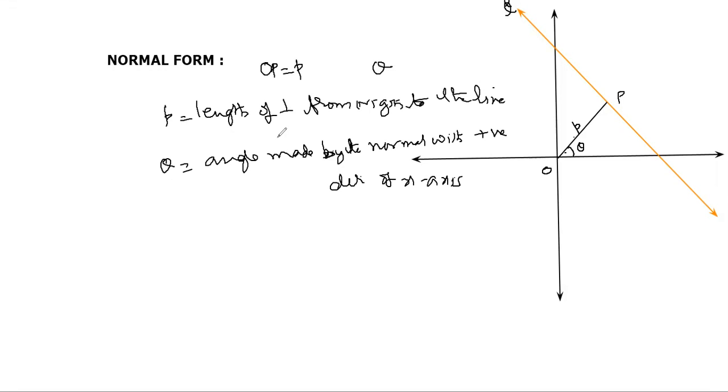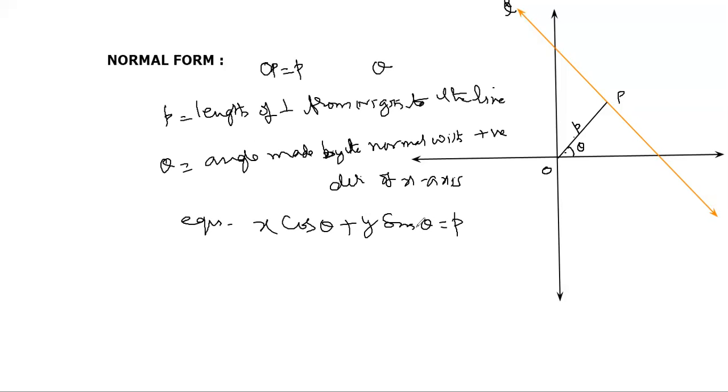Now, therefore in this case the equation will be x cos theta plus y sin theta is equal to P.